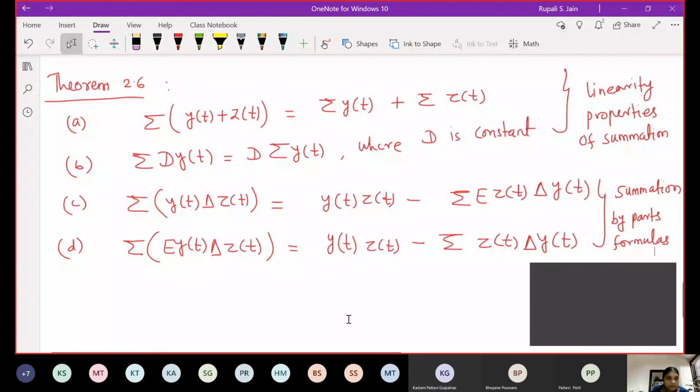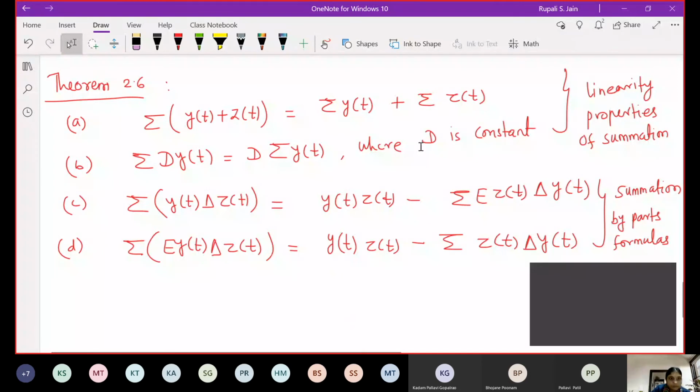For difference, we have already proved this. The difference operator on yt plus zt is the difference of yt plus the difference of zt. Then the difference operator on c times yt is c times the difference of yt. Can you recall?